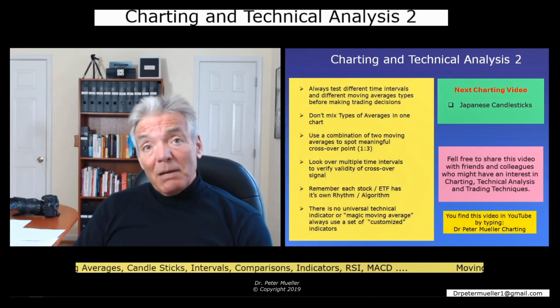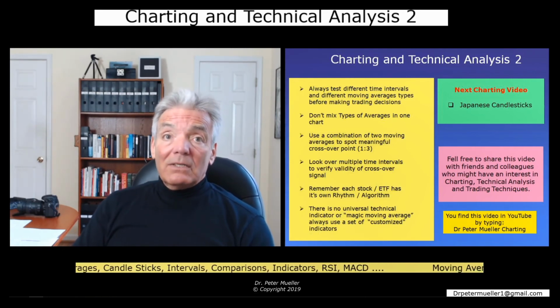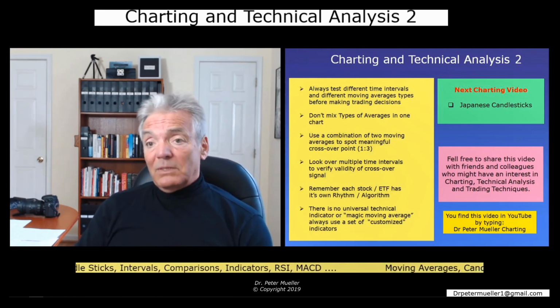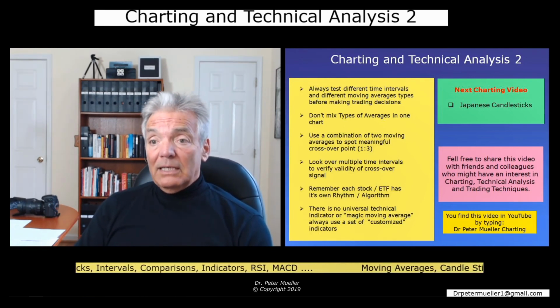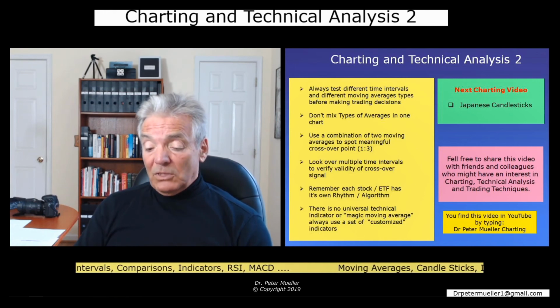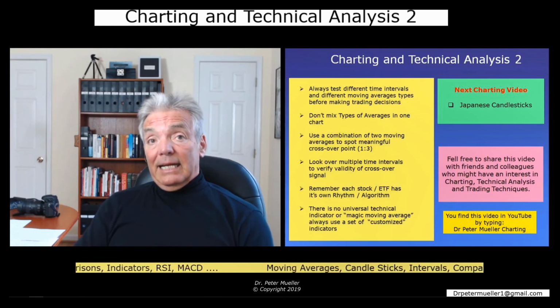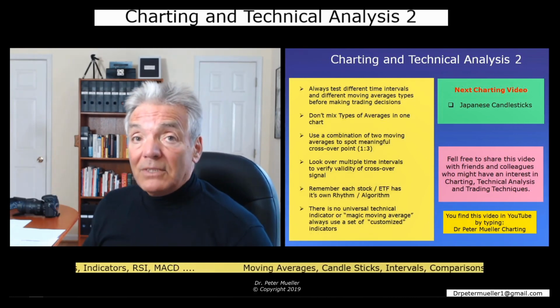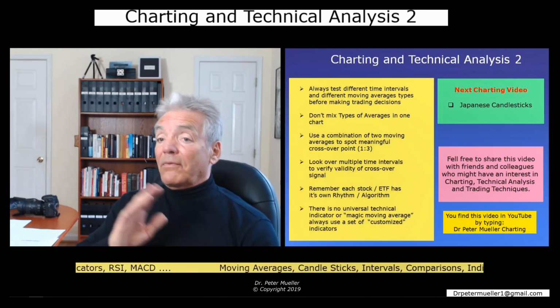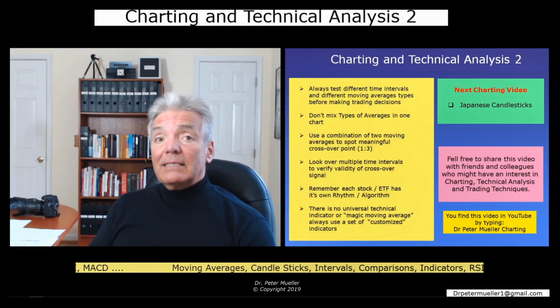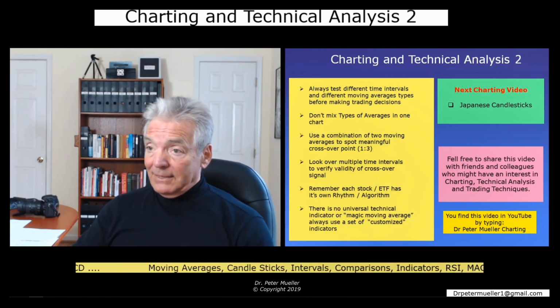All right, remember still that each stock or ETF has its own rhythm and algorithm. So play around with it for each of your investment vehicles you are watching where you want to make trading decisions. There are no universal technical indicators or magic moving averages which work across all investment instruments. Always use a set of customized indicators.